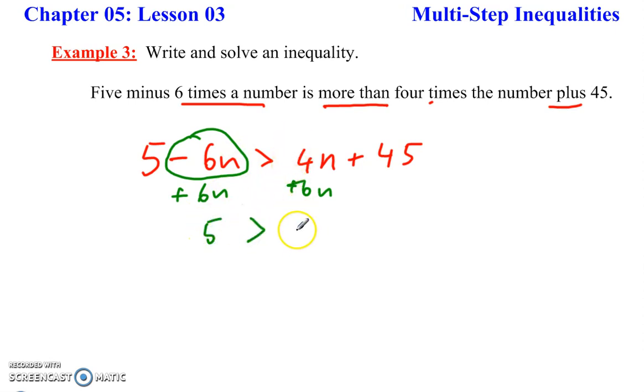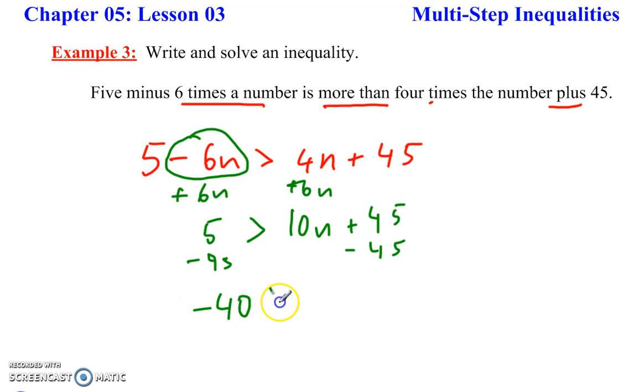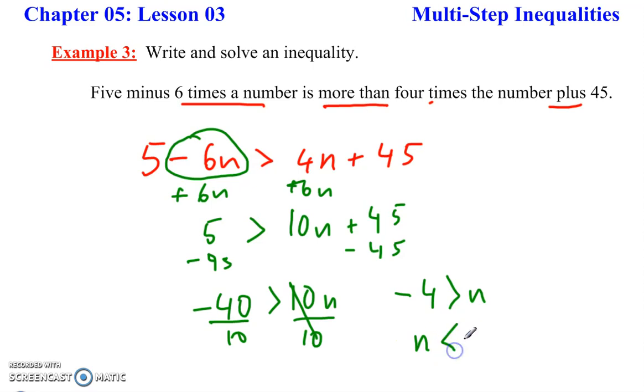So 5 is greater than 10n plus 45. Now I want to get the 10n by itself, so subtract 45 from each side. And we get negative 40 is greater than 10n. Divide by 10. This cancels out, and we get negative 4 is greater than n. If I want to rewrite that, I get n is less than negative 4.